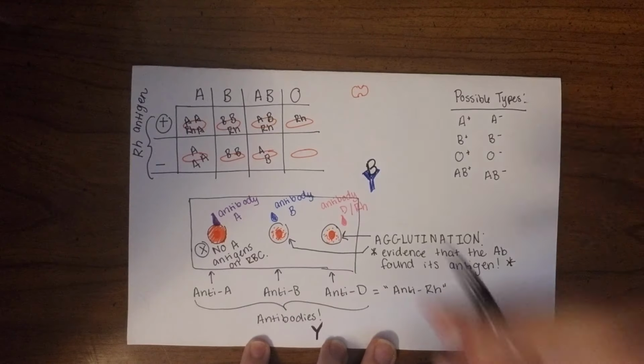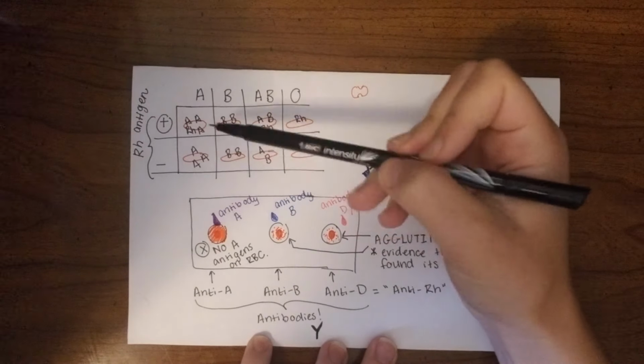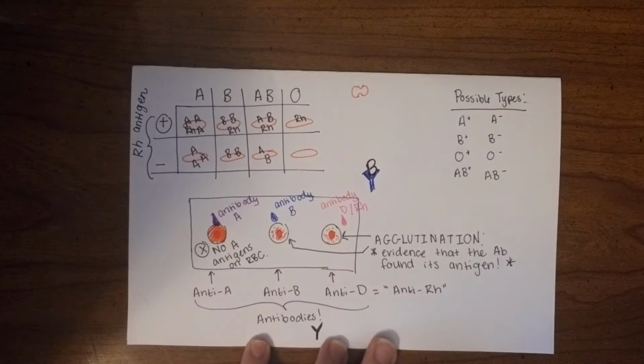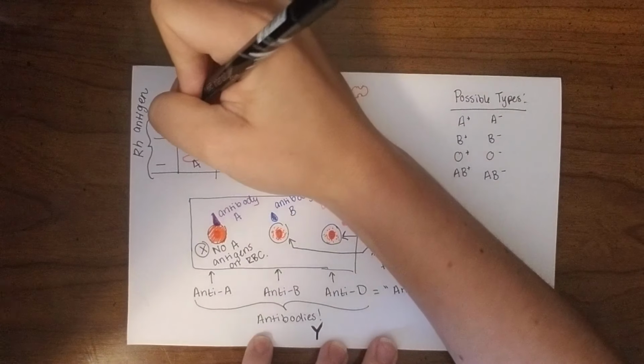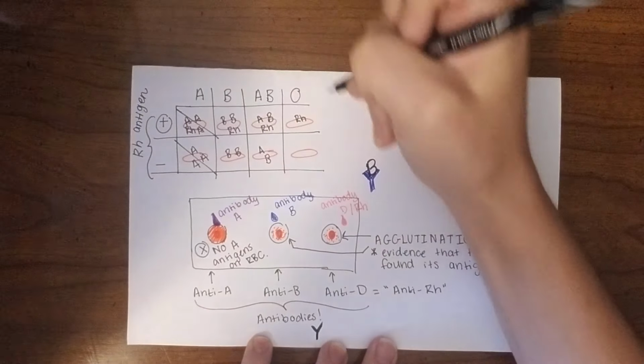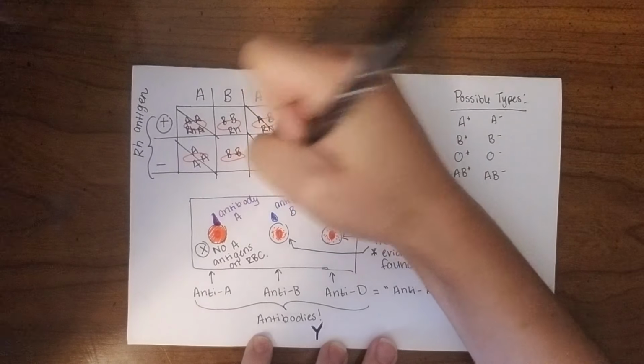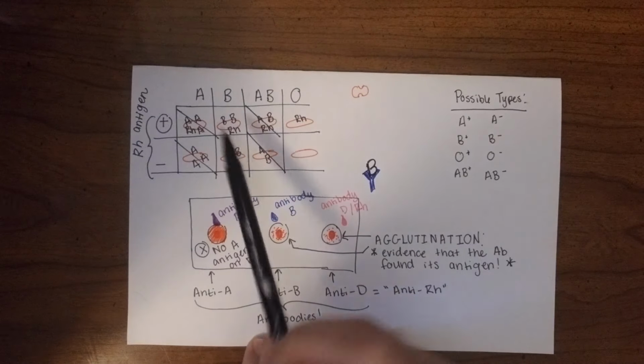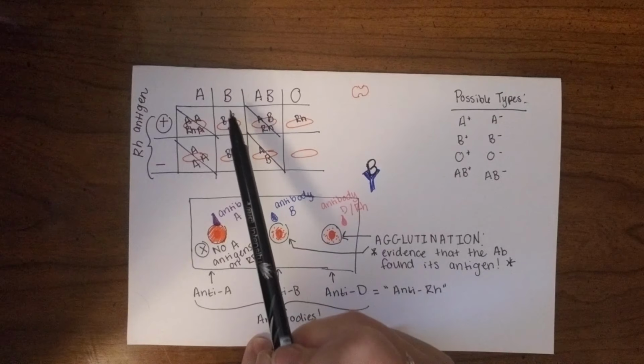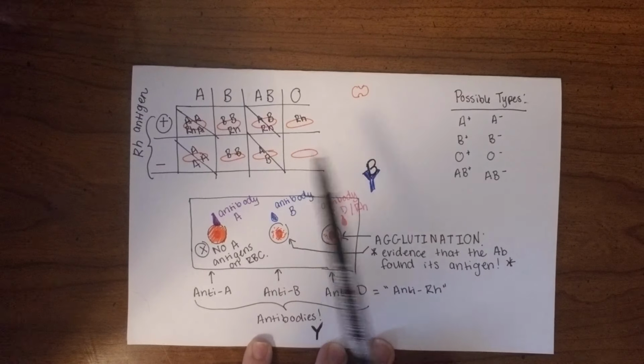Right? So let's go over here and look at our chart. So if we can't have anything with A's, we know we can't have A positive, A negative. We couldn't have AB positive, and we couldn't have AB negative. So we know our blood type has to be B positive, B negative, or O positive, O negative.